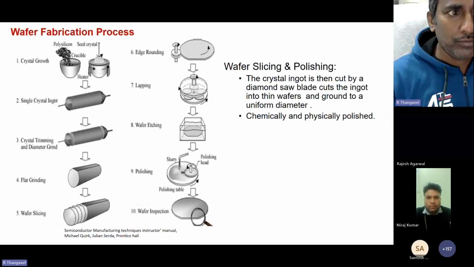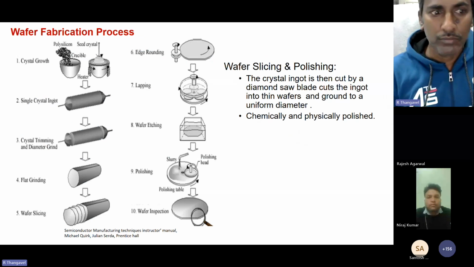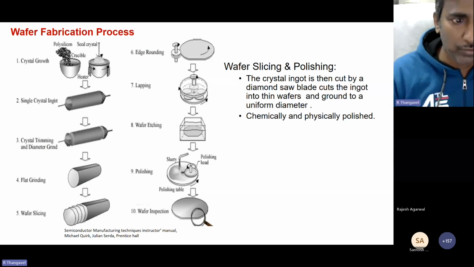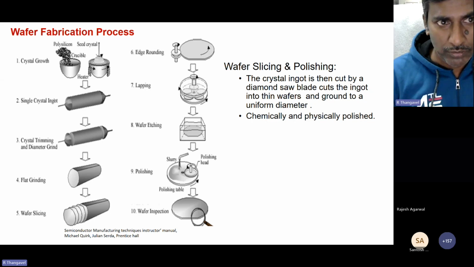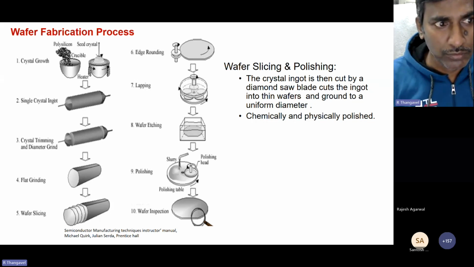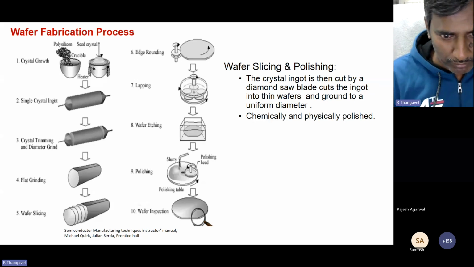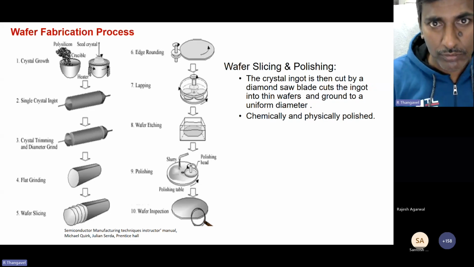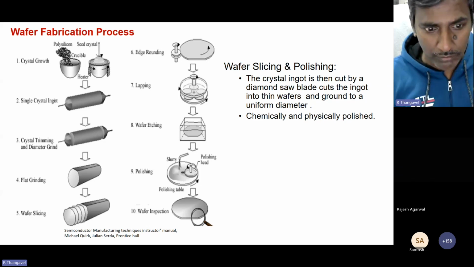Now this is the wafer fabrication technique. First the crystal is grown and a single crystal ingot will be there. The crystal is shaped, trimmed and the diameter is ground. After grinding, a flat grinding will be there, primary and secondary flat. Then wafer slicing. After slicing, there should be edge rounding, then lapping to make the sample smooth, so that the roughness is 2 to 3 nanometer.